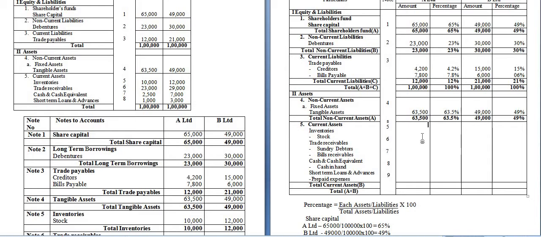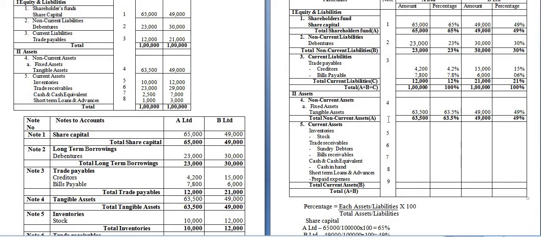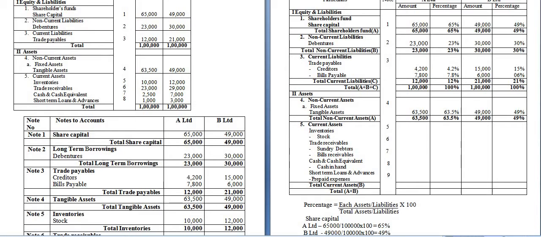So write in front of inventories, amount is 10,000. In inventories we have one item, that is stock, and the amount of stock of A Limited is 10,000. So 10,000 divided by 1 lakh into 100 is 10%.